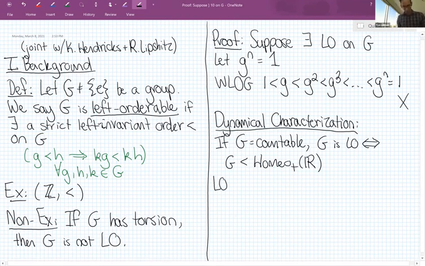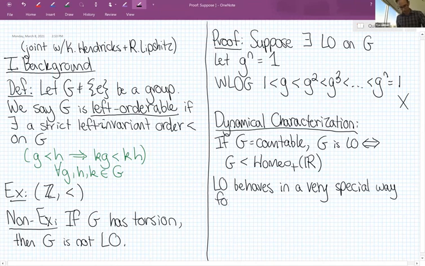It does show up in a lot of different ways in topology, but in particular, it behaves in a very special way for fundamental groups of three-manifolds. The way this manifests is through the following theorem of Boyer, Rolfsen, and Wiest.